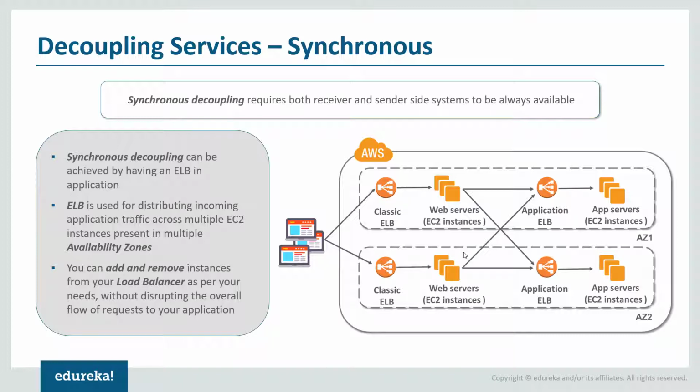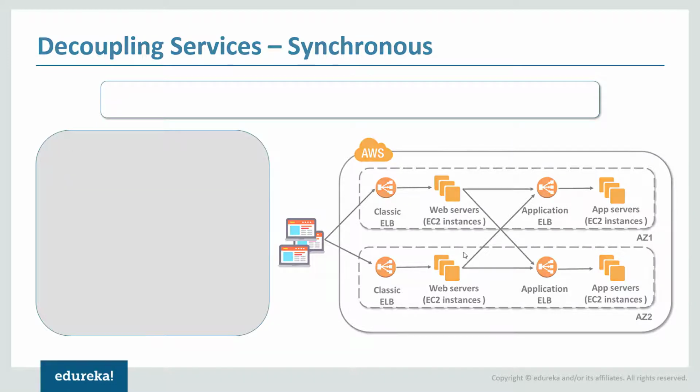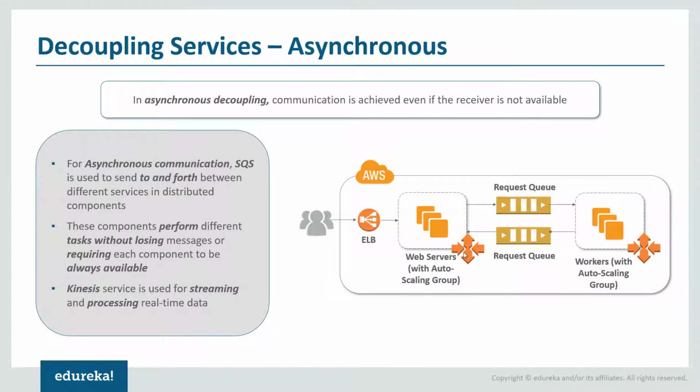But what if I have an asynchronous system? AWS also helps you decouple applications asynchronously. One important component is SQS. Let us take the same example: we have two sets of instances, web servers and workers.